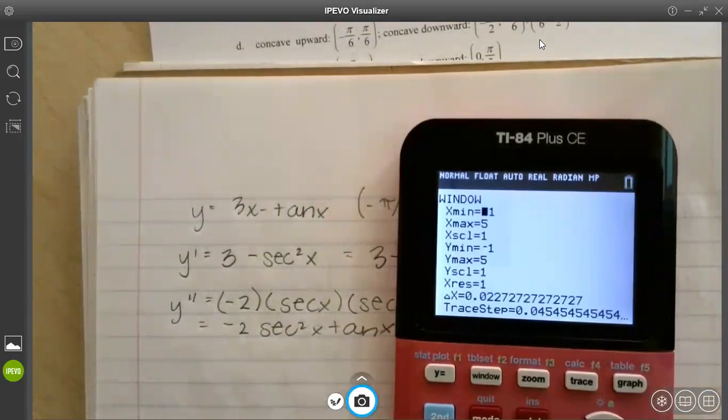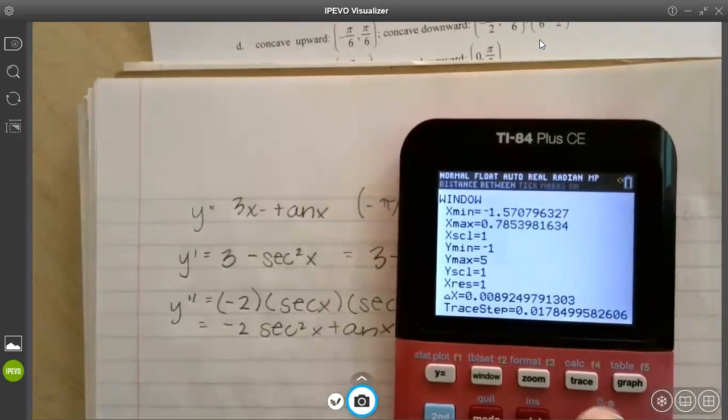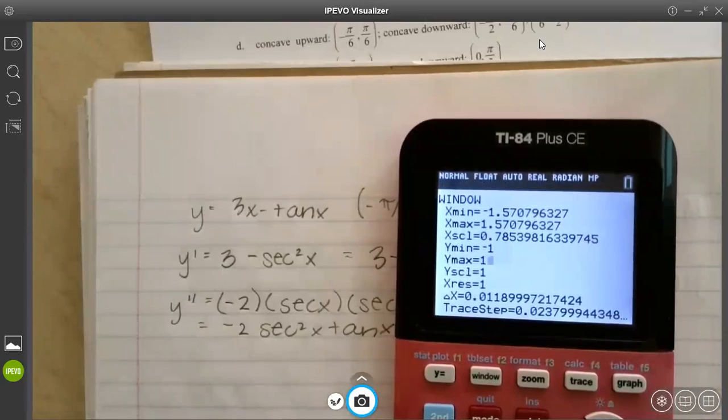So I'm going to change my window. We were right, negative pi over 2. This one's regular pi over 2. I'm going to put this in as pi over 4, -1 and 1, it doesn't really matter. We're going to graph it.